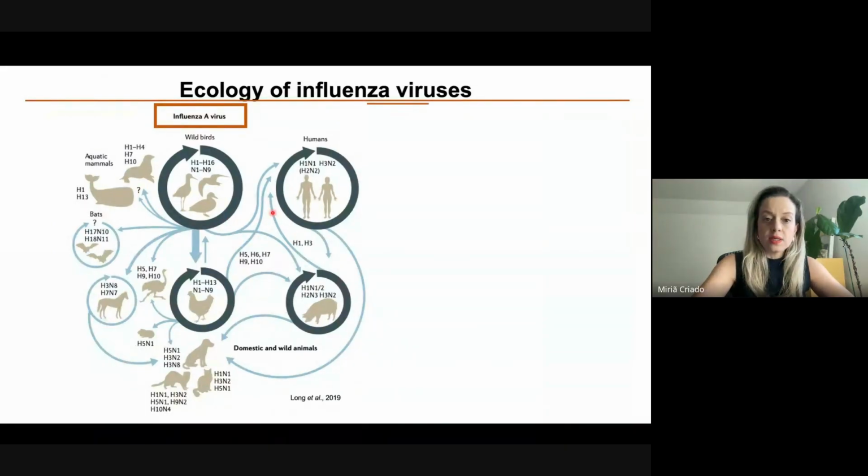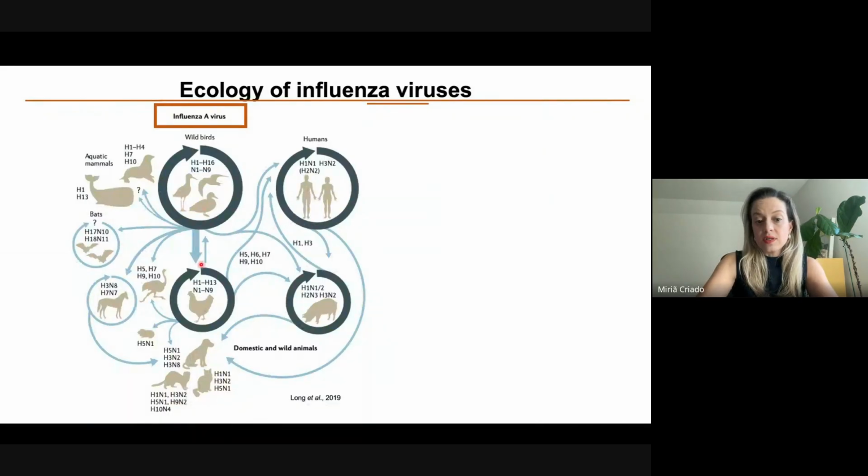If you look at this figure here, as you can see, waterfowl, aquatic water birds, are the natural host reservoir of avian influenza, where you have most of the hemagglutinins and neuraminidases, and you can have different subtypes.